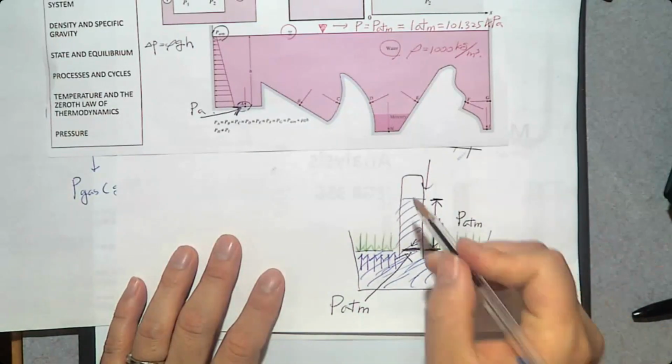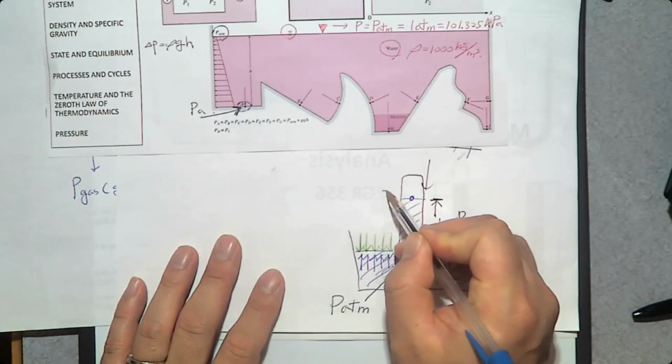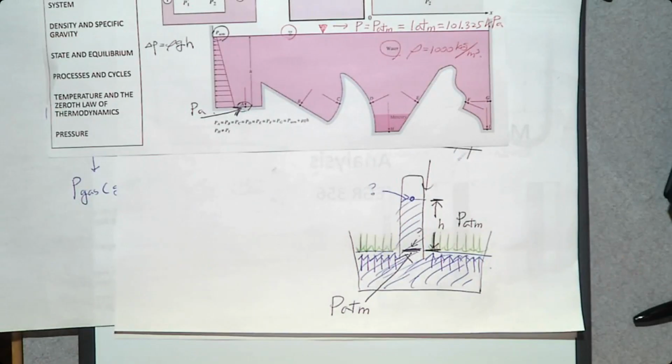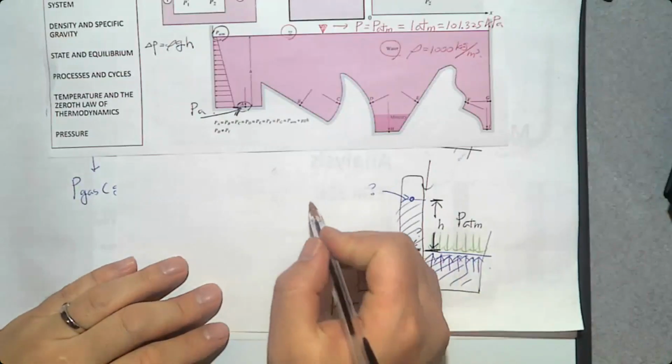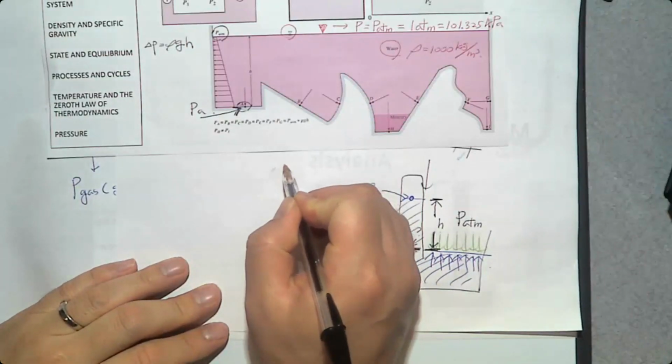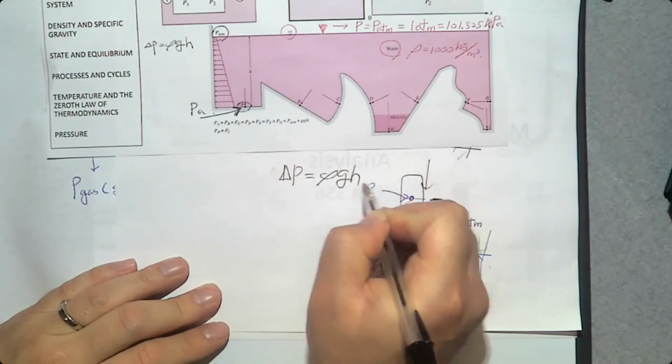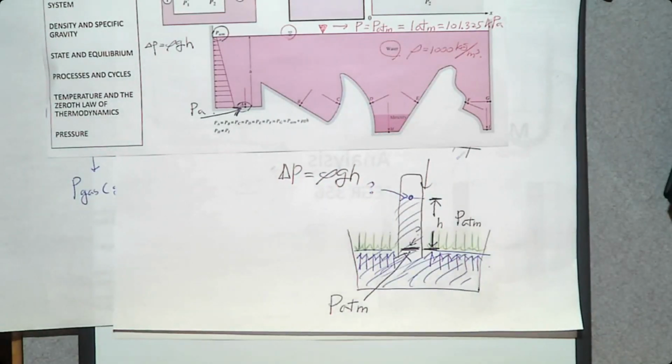Then what is the pressure at this location? PATM? If the pressure at this location is PATM, this is PATM, this is PATM, it's going to violate delta P equals rho g h, because there's a height difference.